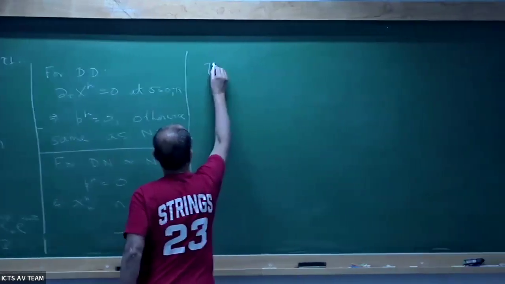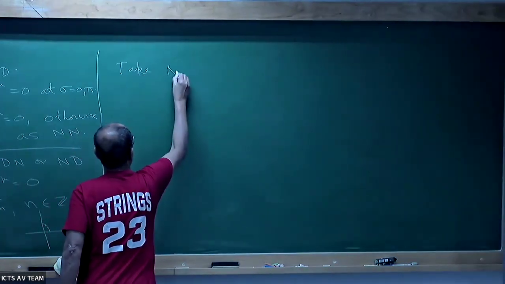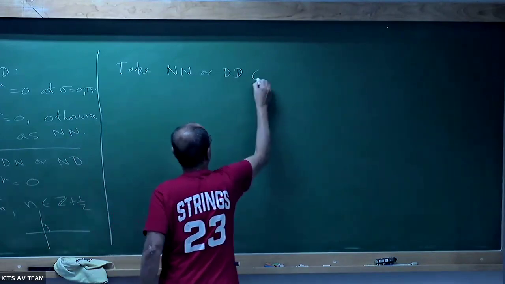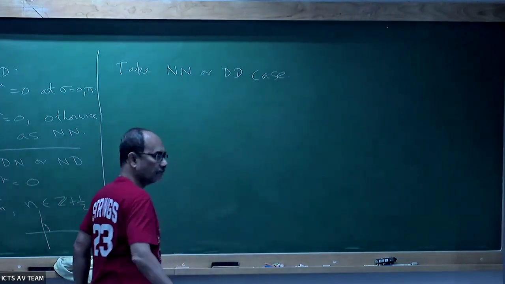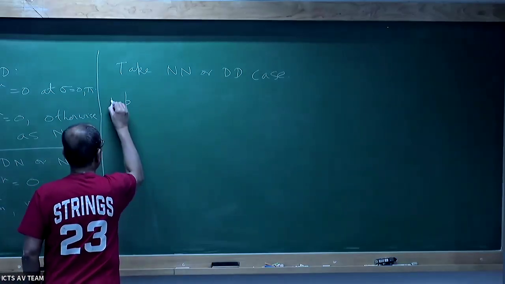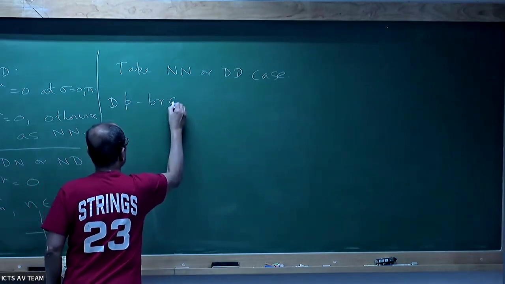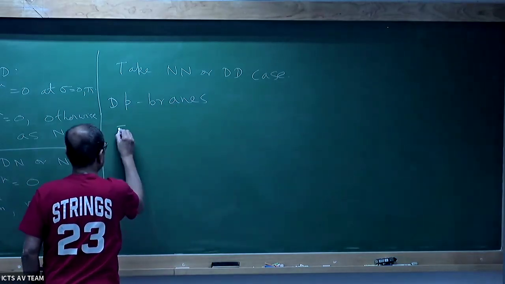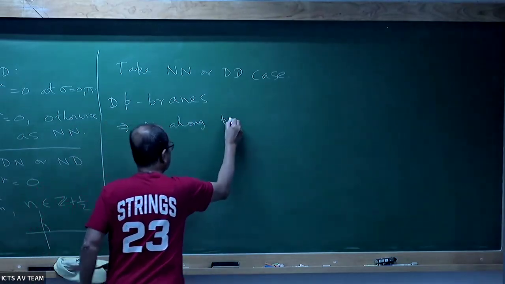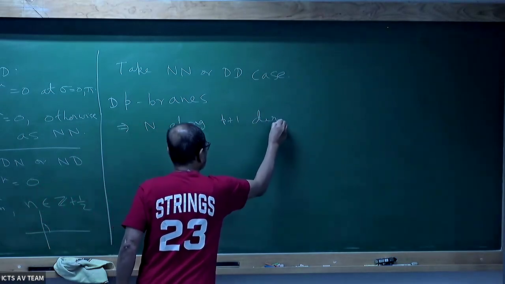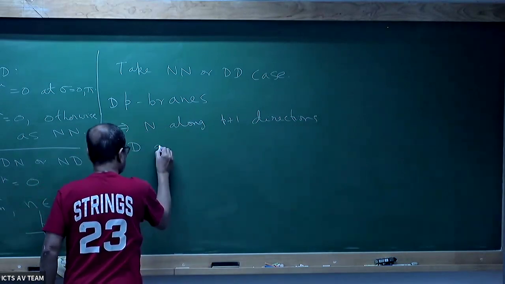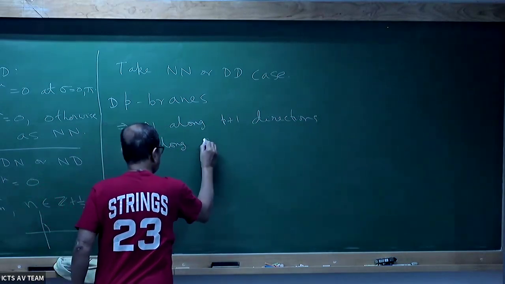So take the NN, not DD, case. If you have Dp-branes, this means that you have N along p plus 1 directions and D along 9 minus p directions.